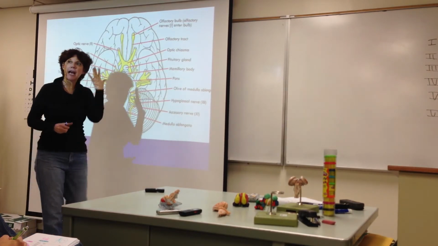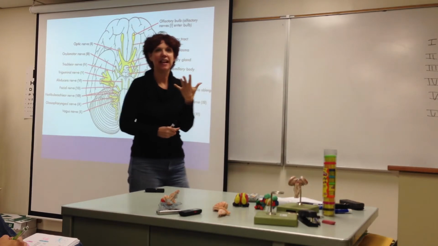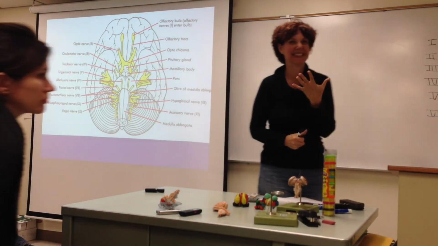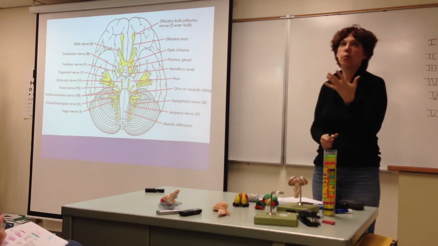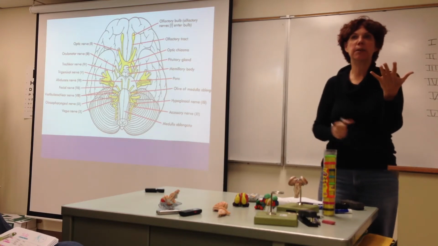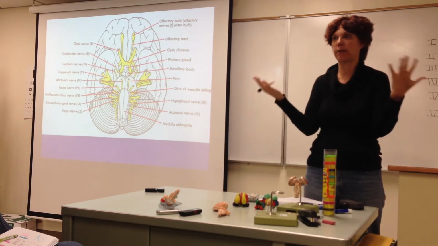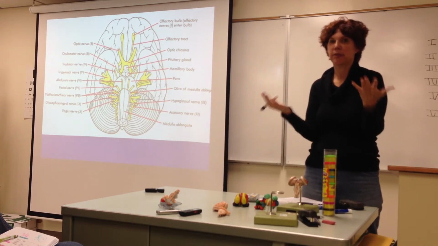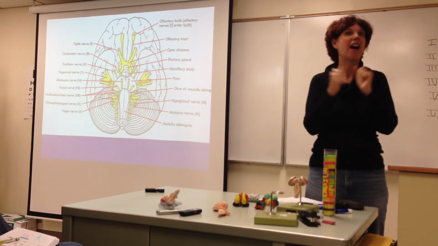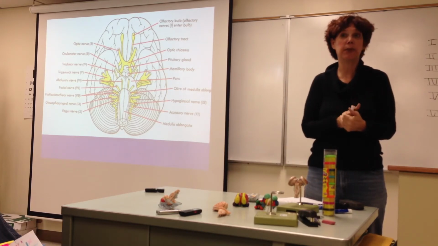On the lab exam, I need the name. Okay? Not the number. In fact, I don't want the number, because if you tell me oculomotor and then you say cranial nerve 6, I have one right answer, one wrong answer, both are wrong. Okay? So I just want the name. On the lecture exam, I will give you both.